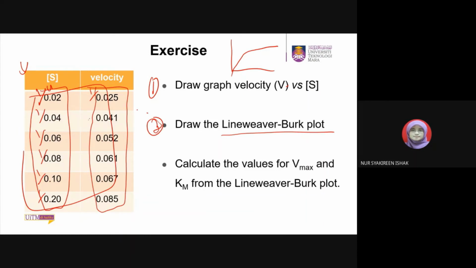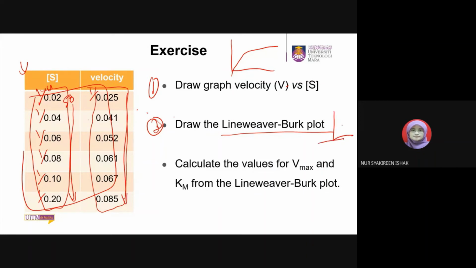After you have taken 1 over each value, try one value: 1 over 0.02 gives how much? You should get a whole number. 50. So you do the same for all of these, and then you plot the graph.